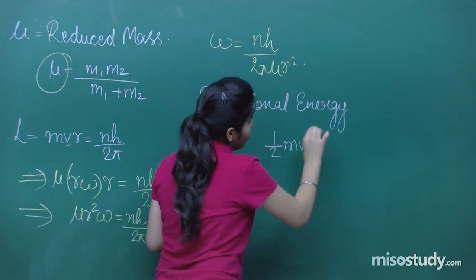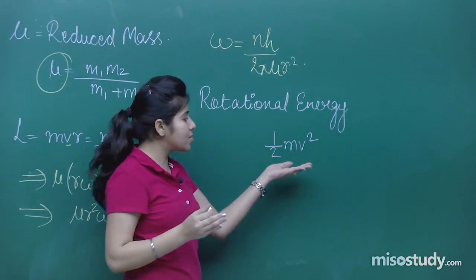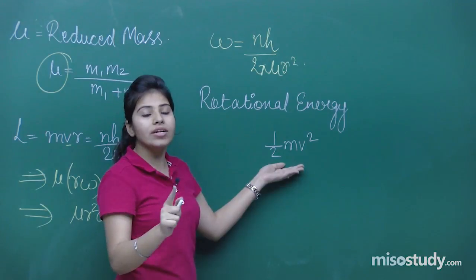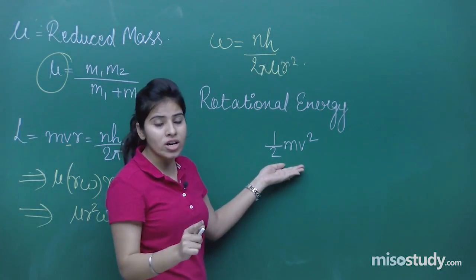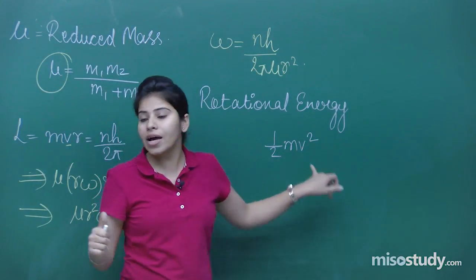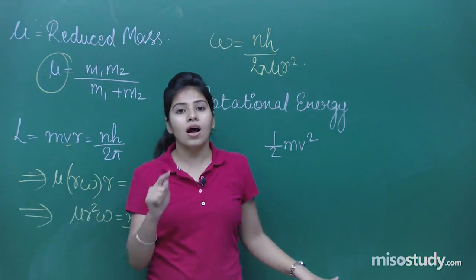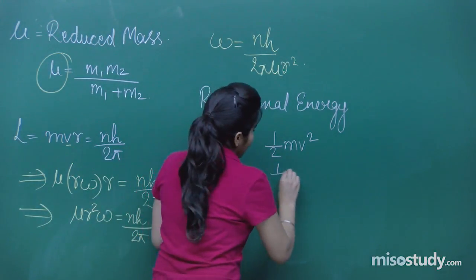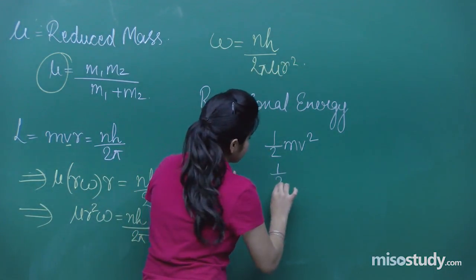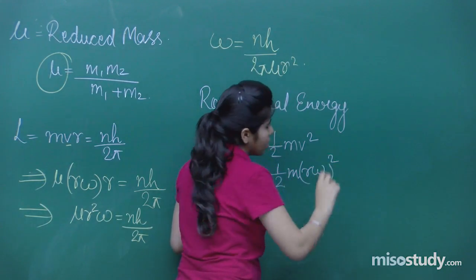Let me just tell you, if I'm talking about the linear form, this is the kinetic energy, and if I'm talking about the rotational energy, I'll put in place of v, as I have told you over here, r omega. So that means you will be having r omega square.